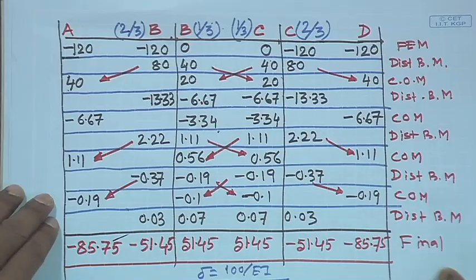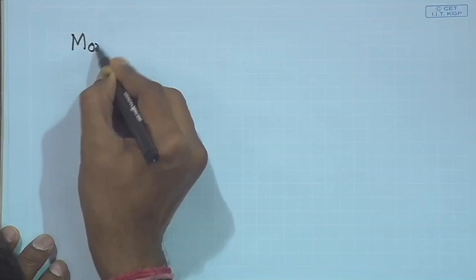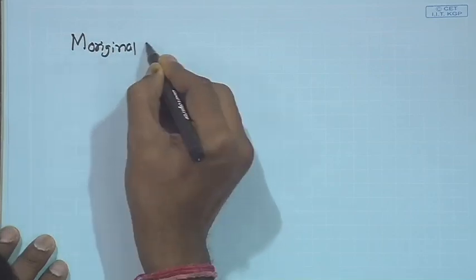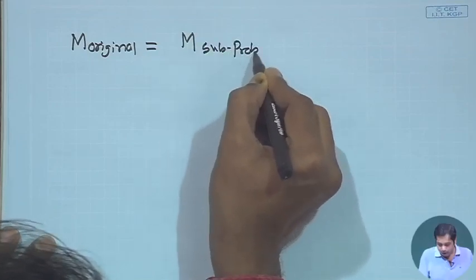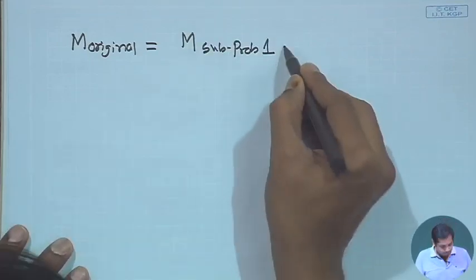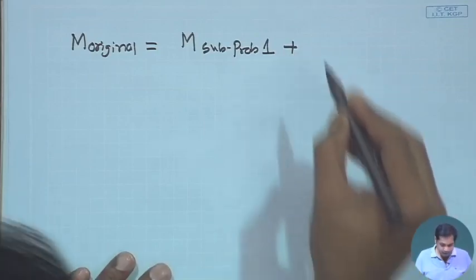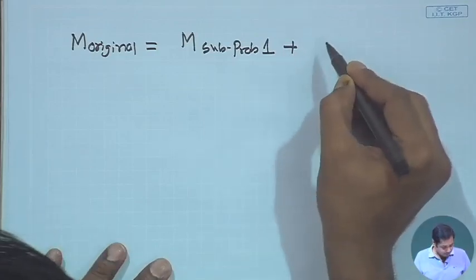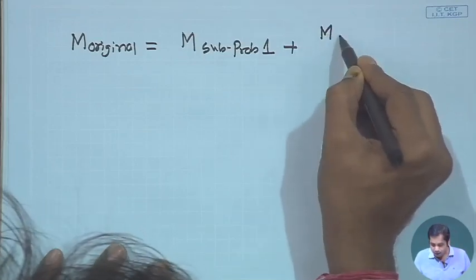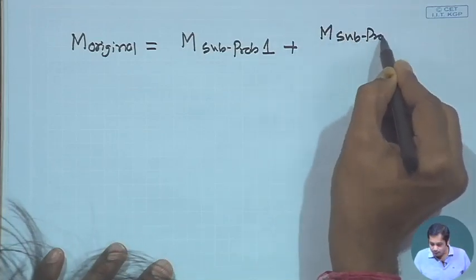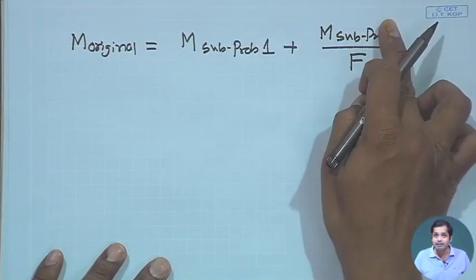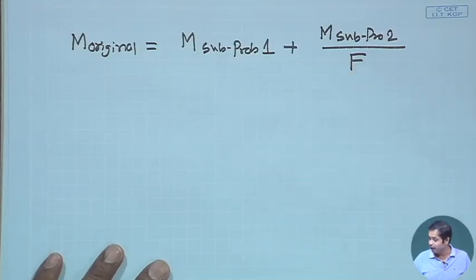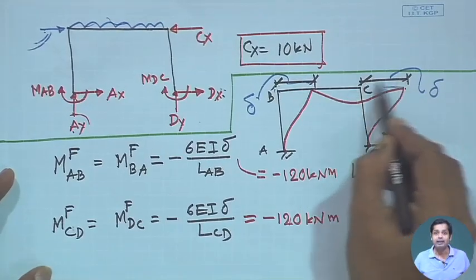So, the actual moment, M original, will be M sub problem 1 plus M sub problem 2 divided by F. Divided by F means this is when you apply unit force here.